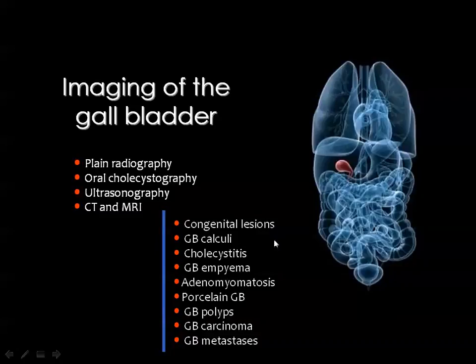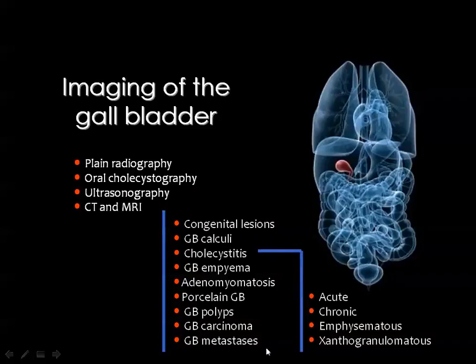And these are the lesions which will be discussed, including congenital pathology, gallbladder stones, cholecystitis, gallbladder emphysema, adenomyomatosis, porcelain gallbladder, gallbladder polyps, and carcinoma and metastasis. And in the issue of cholecystitis we have the acute type, the chronic type, the emphysematous cholecystitis, and the xanthogranulomatous cholecystitis.